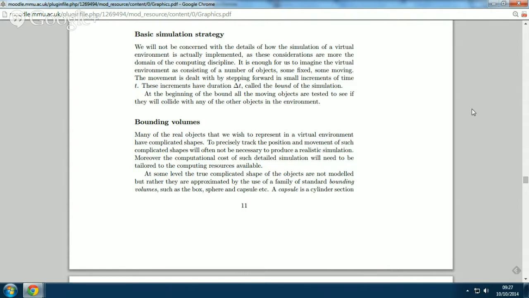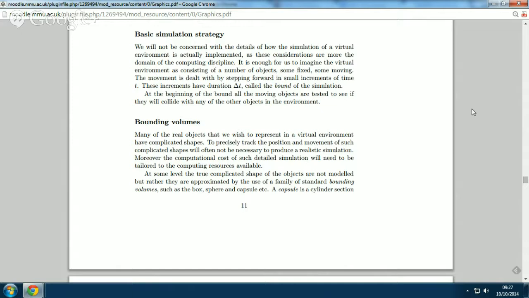Okay, but just to give us a very simple picture of what might be going on in the simulation, we'll imagine that the virtual environment consists of a number of objects, some of them fixed, some of them moving. And the movement is dealt with by stepping forward in very small increments of time, okay, which probably correspond to the frames of the video animation that's produced.